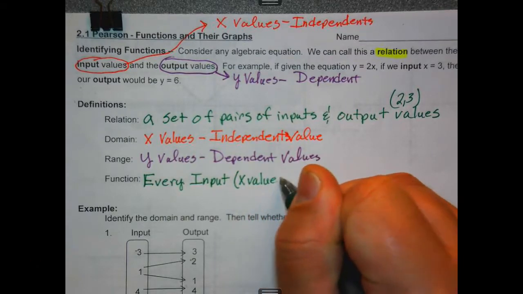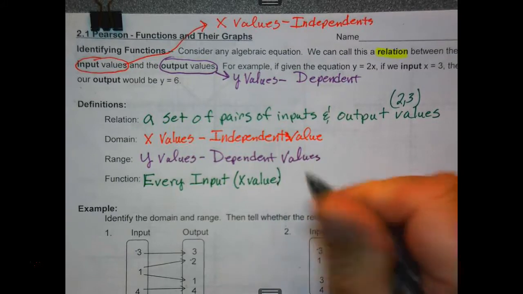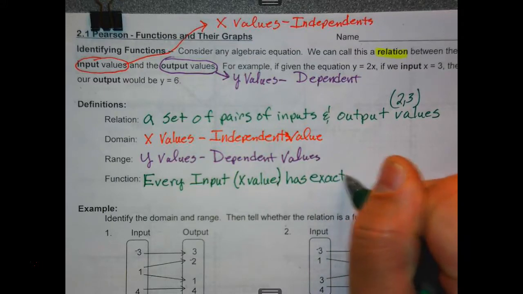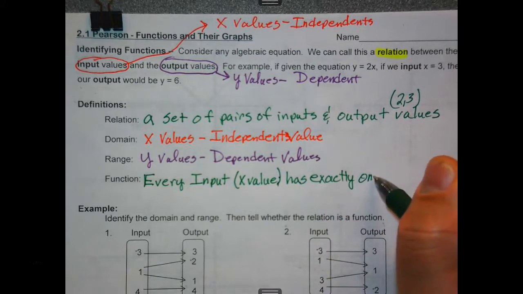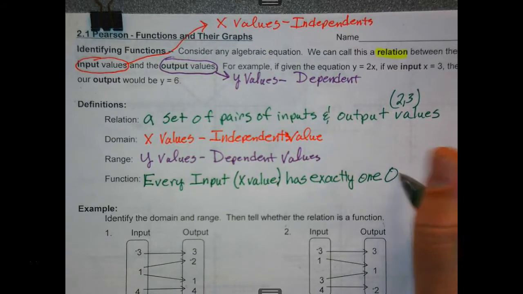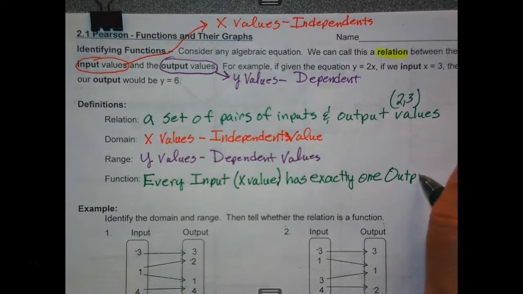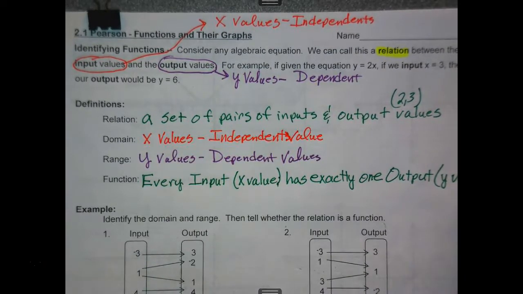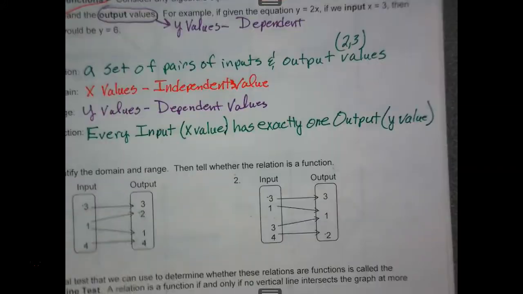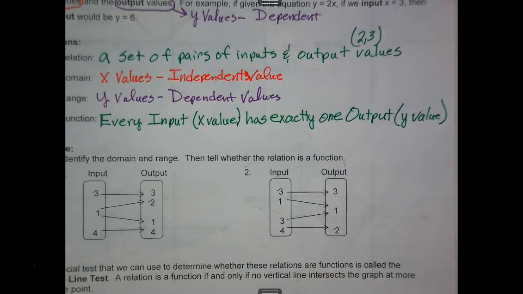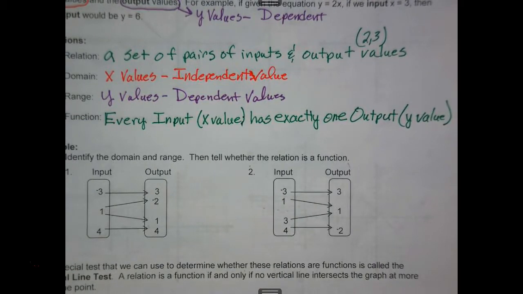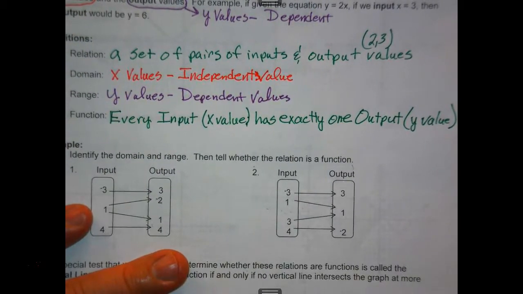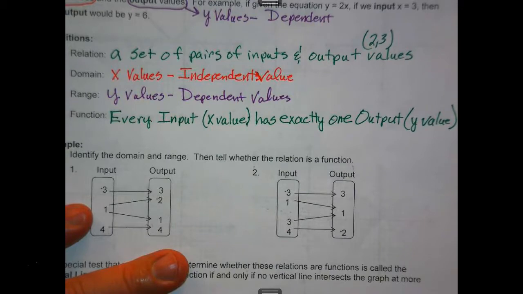A function has exactly one output. In layman's terms, or in student terms, because I don't like to think, what does that mean?